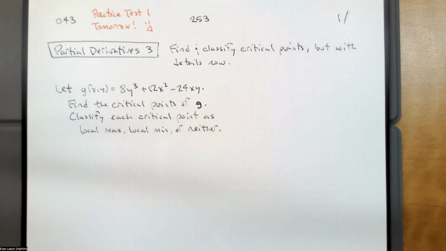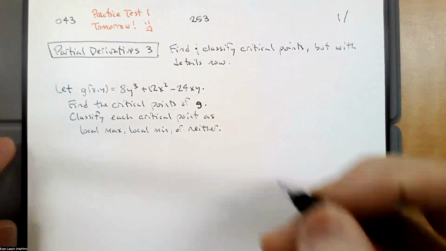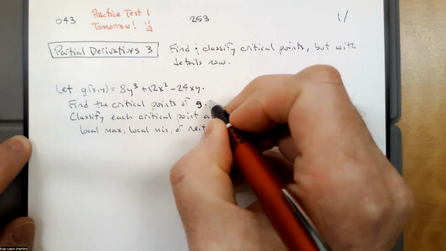We take the first derivative, set it equal to 0 and solve to find the critical points. The change is that we now have two derivatives and two variables. So we get a system of equations rather than just an equation. So this part, find critical points.